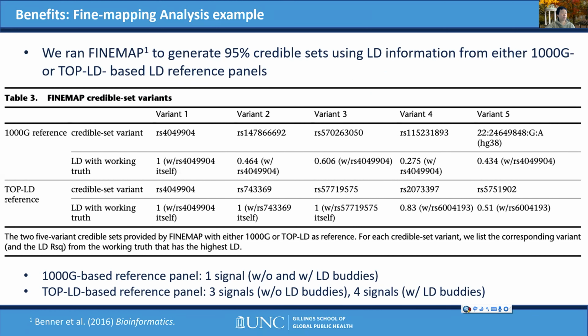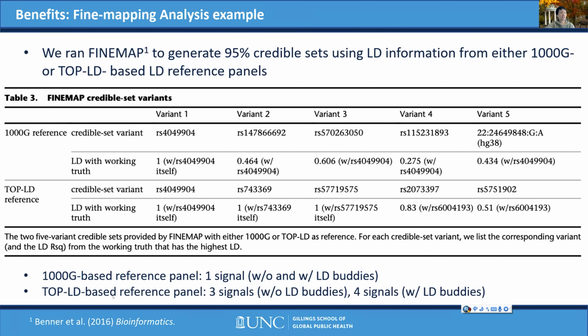In contrast, when we use TOPLD as reference, we were able to recover 3 of the 7 distinct variants established from individual level genotype data. And if we allow LD tags, we actually discover a 4th one, where the credible set variant is not the variant itself, but it's in high LD with it, with an LD r-squared over 0.83.